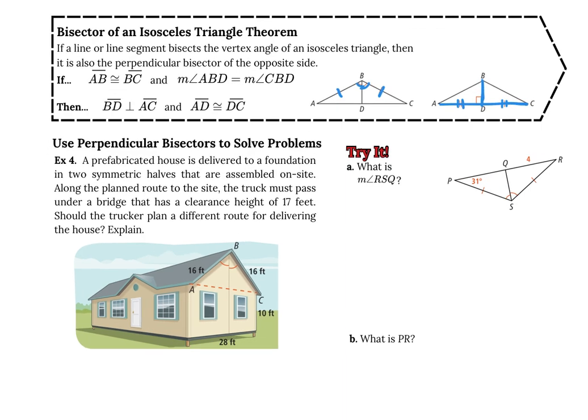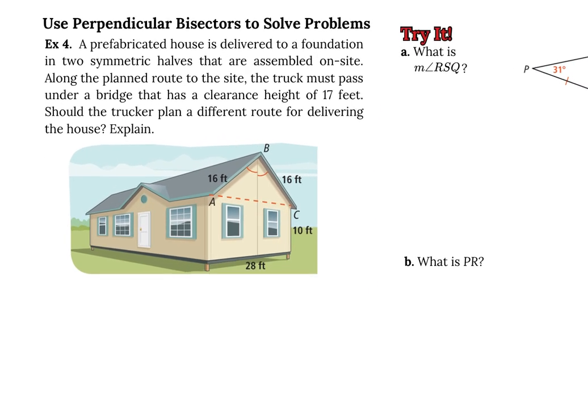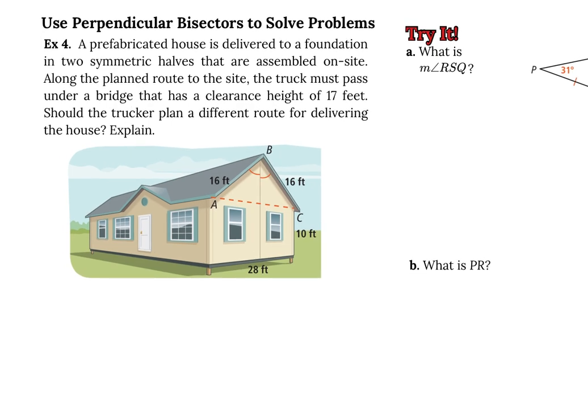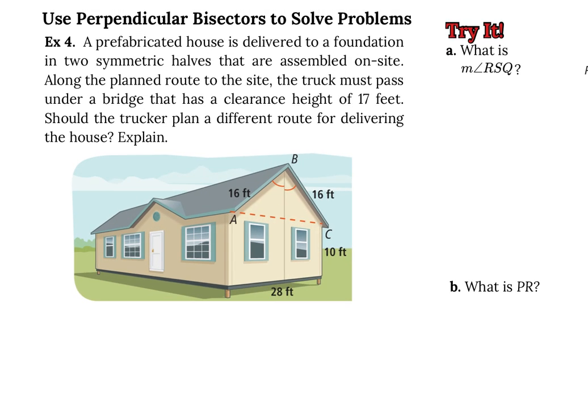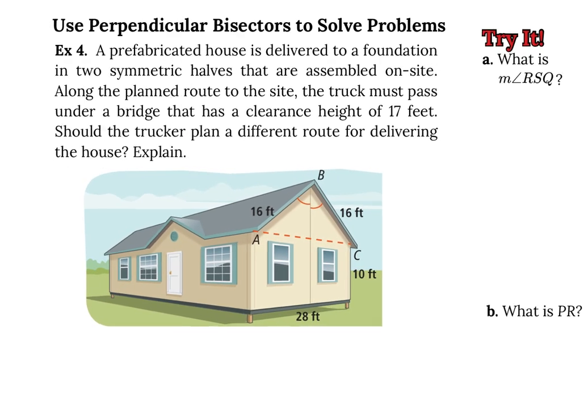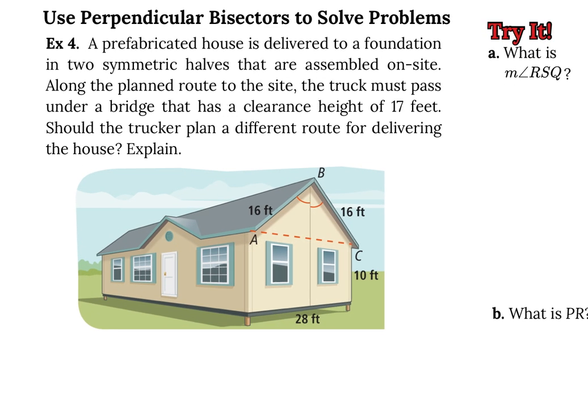Okay, so let's look at example 4. A prefabricated house is delivered to a foundation in 2 symmetric halves that are assembled on site. Along the planned route to the site, the truck must pass under a bridge that has a clearance height of 17 feet. Should the trucker plan a different route for delivering the house? So we want to see if this house is under 17 feet tall.